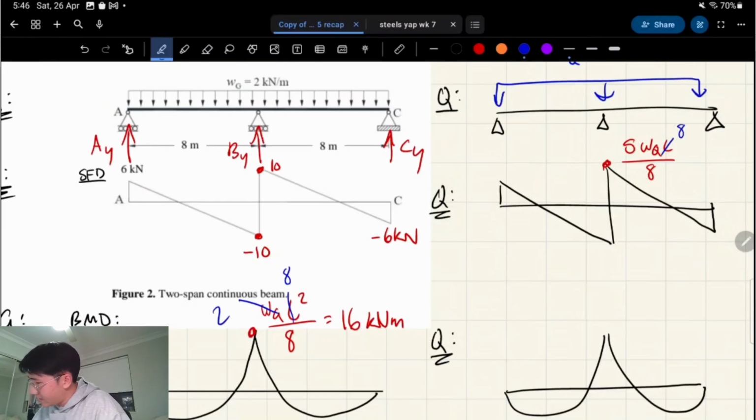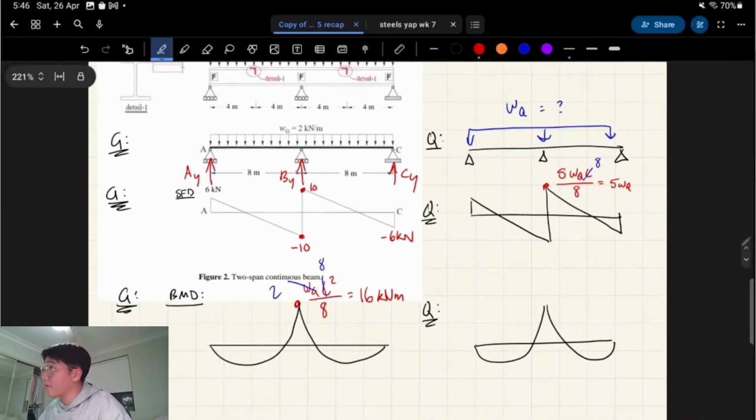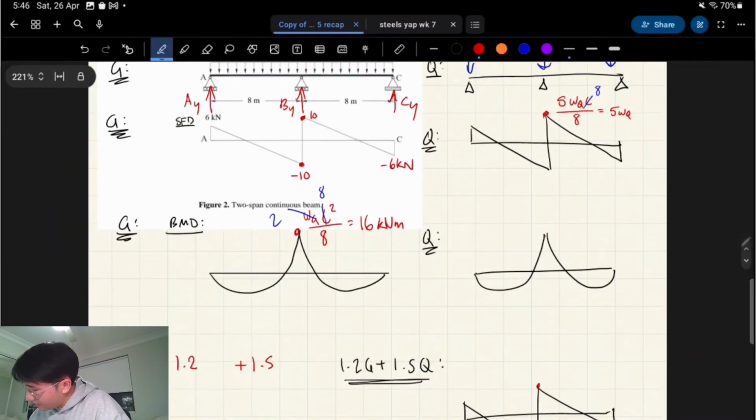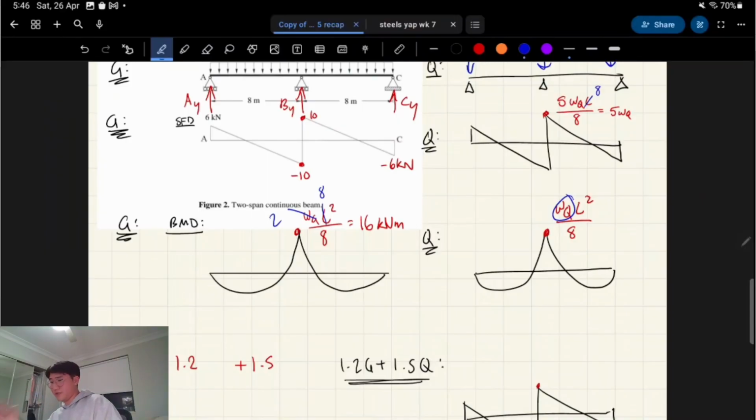So we can replace 8 there, and we simply get 5 WQ, which will be our max shear for just live loading. We use the same formula as we did on the left there for bending moment, except we've replaced it with our unknown value of WQ, which we'll solve for later. So now this becomes 8 WQ.